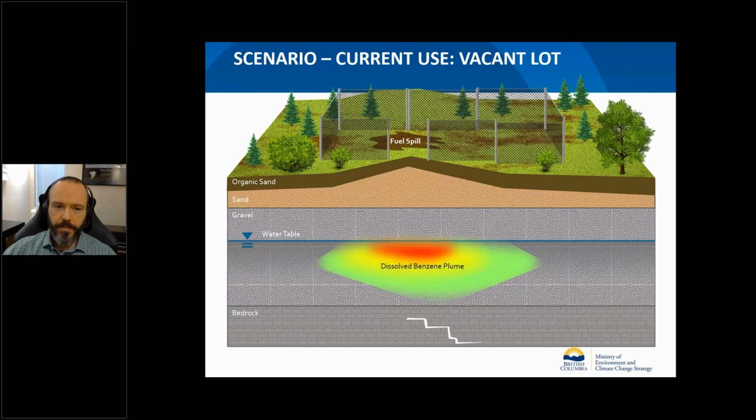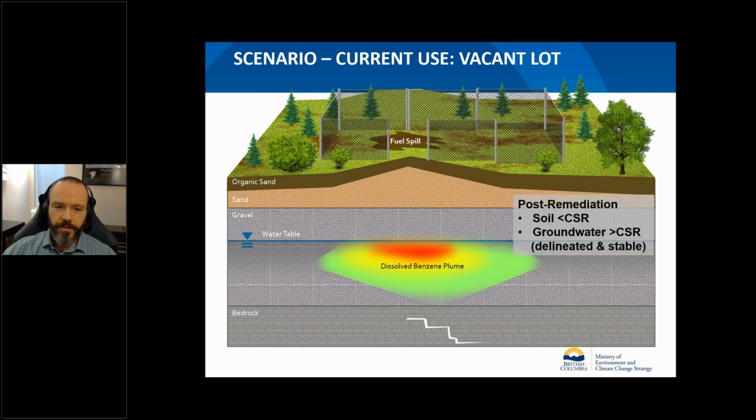A remediation program effectively removed all soil contamination, but residual groundwater contamination remains at depth, approximately 10 meters below ground surface. The residual groundwater contamination consists of dissolved benzene, and the plume is shown here with green and yellow.